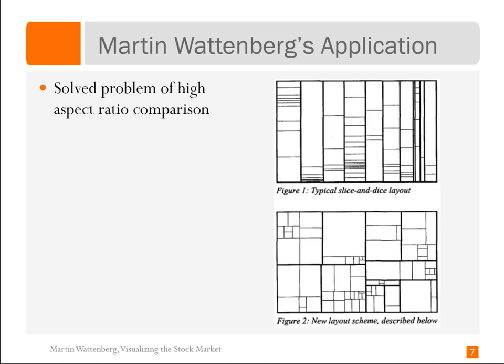And then we have subclasses of squares within it, and then subclasses within that. And this was the particular problem that Wattenberg's approach solved. From there, Wattenberg took this design and created what has become known as the map of the market.